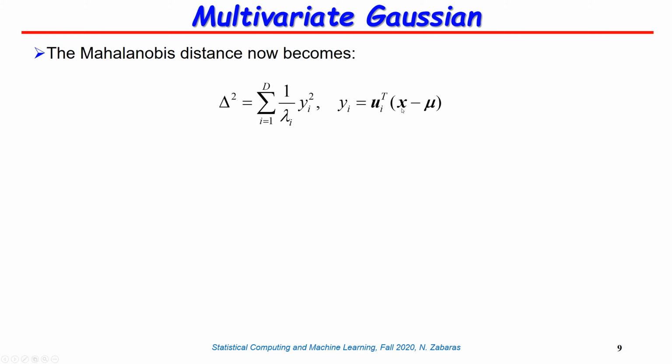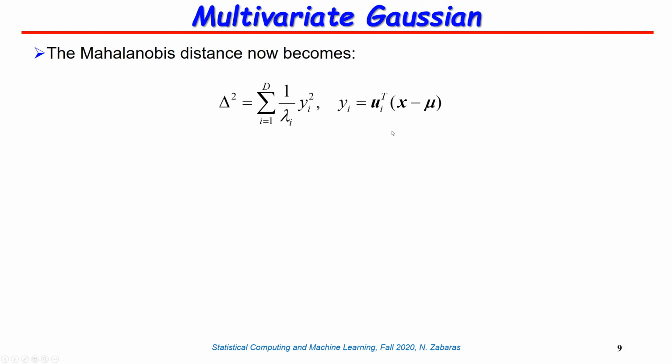So effectively, you can think of taking your vector x minus mu, so it's a location shifted by the mean, and I'm projecting it onto the vector ui. So really, these coordinates yi are the coordinates of x minus mu in the directions of the eigenvectors. And I believe the next slide will actually show you this calculation geometrically.